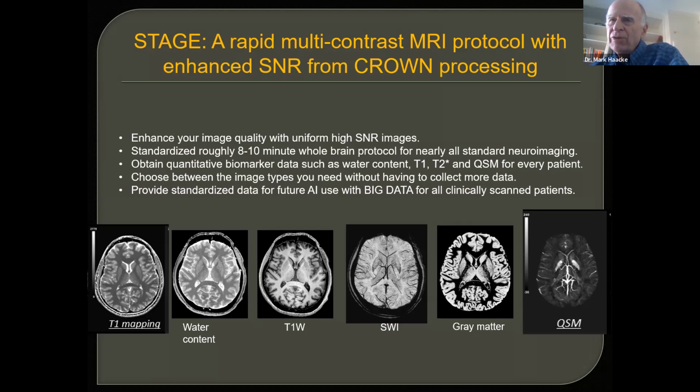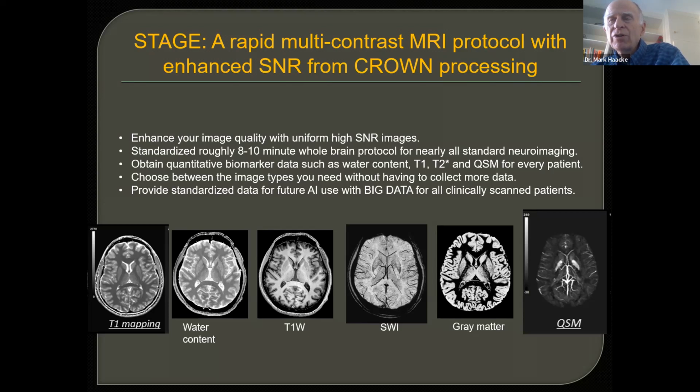And that's a lot faster than what people usually do today. And if you've ever had an MR scan, whether as a volunteer or as an MS patient, you'll know that you're often in the magnet a lot longer than that. And what can we get from this data? Well, we can get quantitative biomarkers, not just pretty pictures.